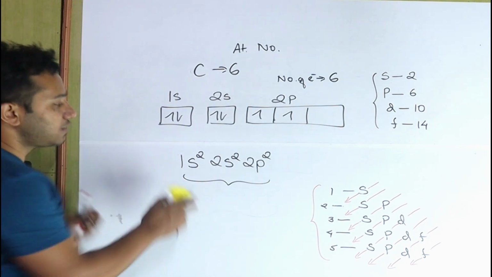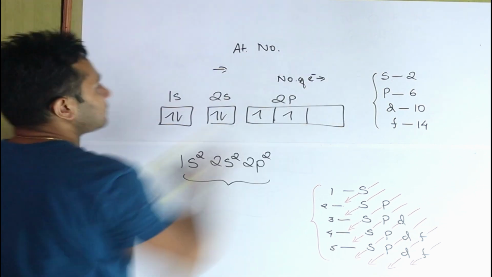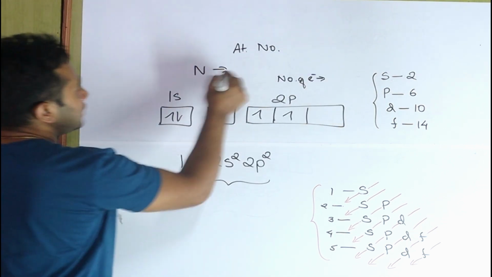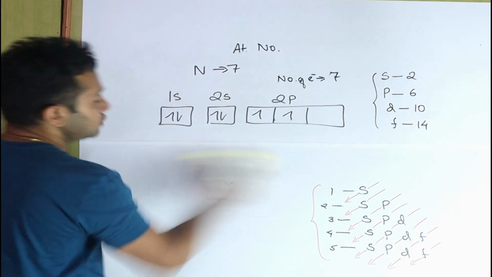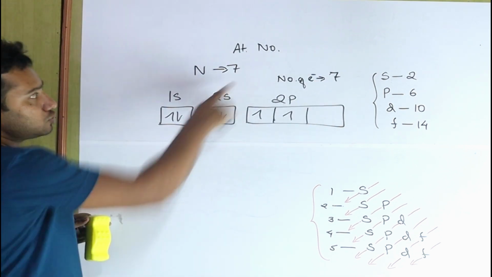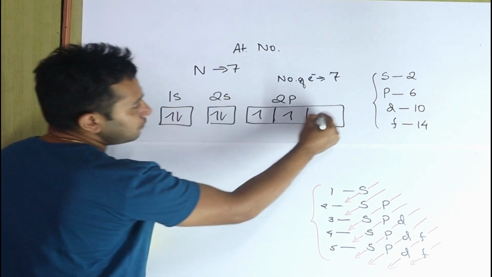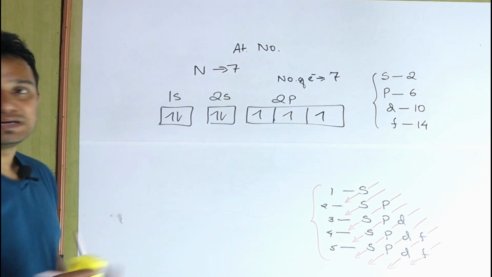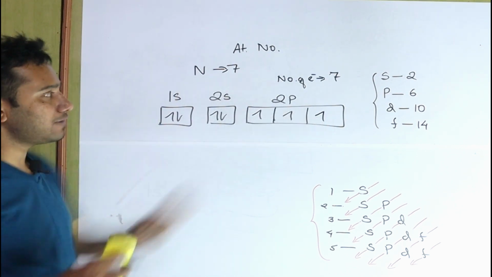Let's try for nitrogen. Nitrogen, atomic number 7. The number of electrons is 7. I'll not erase this one. So there are 7 electrons. 1, 2, 3, 4, 5, 6, and then I'll put one more here. So this will be 7. 1, 2, 3, 4, 5, 6, 7.